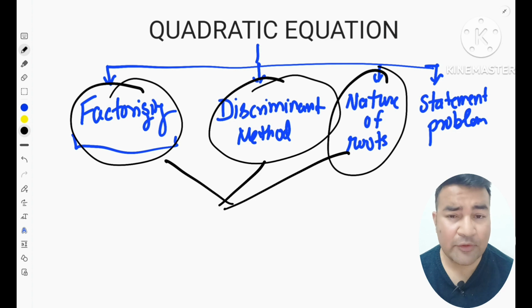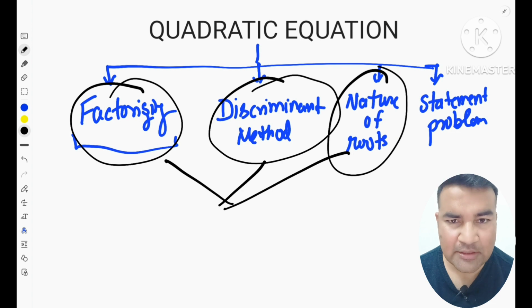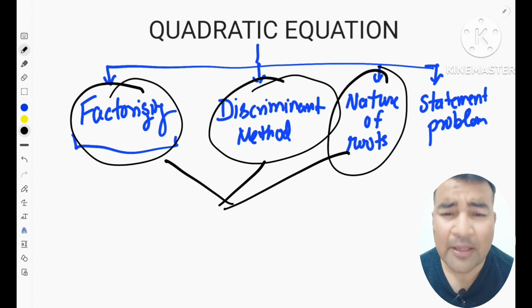And in our coming videos, I'm going to share some previous year questions from the last 5 or 6 years. We will discuss all those questions in that video, so that you get comfortable exposure to how to attempt questions in your exams.